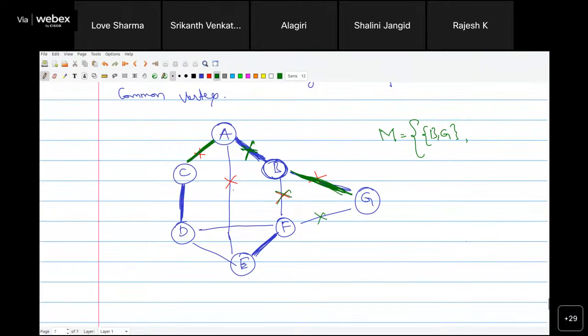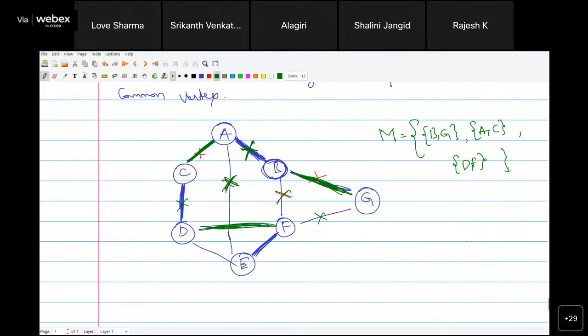Once I pick AC, I'm not allowed to pick CD, this and this. And then I can pick only one: DE or EF. So AC, DF. So this will be the maximum matching.